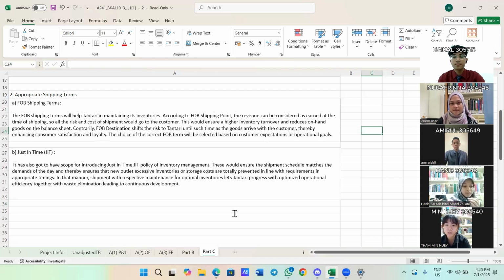This would ensure the shipment schedule matches the demands of the day and thereby ensures that new outlets' excessive inventories or storage costs are prevented in line with requirements at appropriate timings. In that manner, shipment with respective maintenance of optimal inventories lets Santari progress with optimized operational efficiency together with waste elimination leading to continuous development.